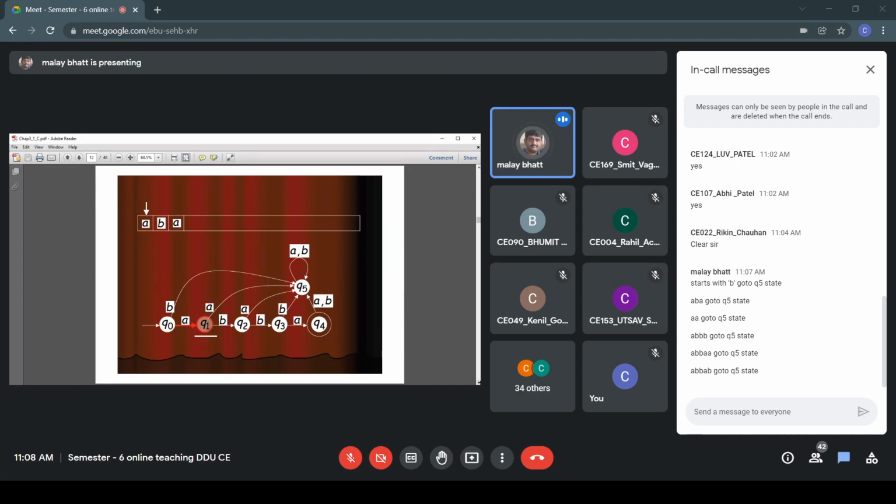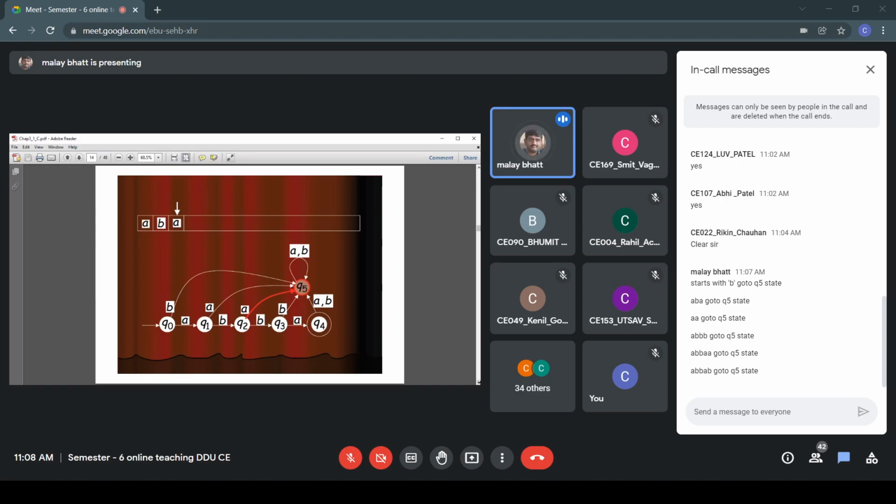Now from Q1 on the next input symbol B, we'll go to the Q2 state. Now from Q2, when the next input symbol is A, Q2 on input A will go to the Q5 state.